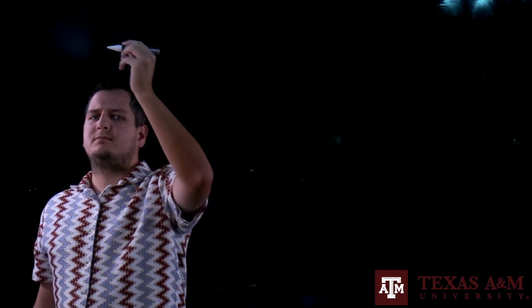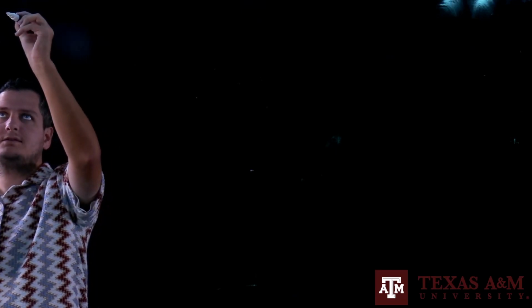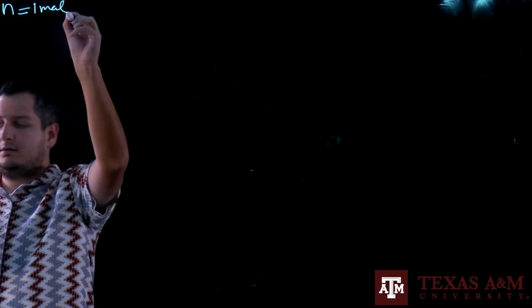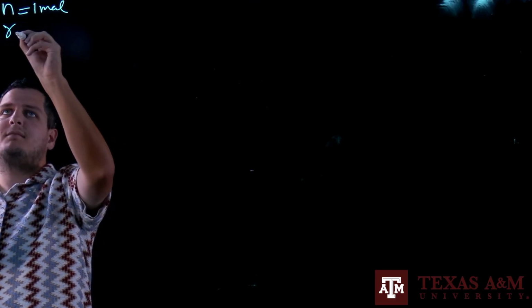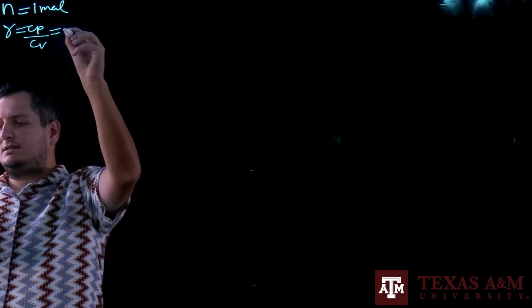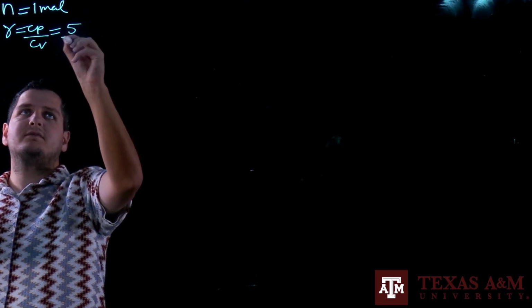Okay, now we're going to do adiabatic reversible expansion, okay? Reversible adiabatic expansion. And let's write out what the problem gave us first. Small up here, because we have a lot to write this time. So I will say n is equal to 1 mole, gamma, which is Cp over Cv, is equal to 5/3.